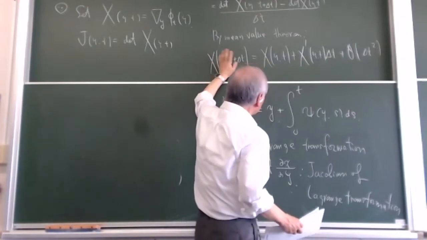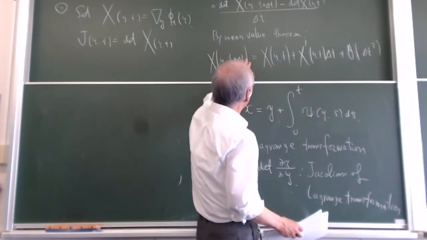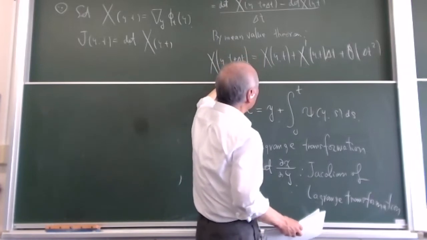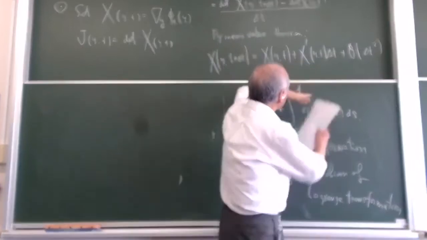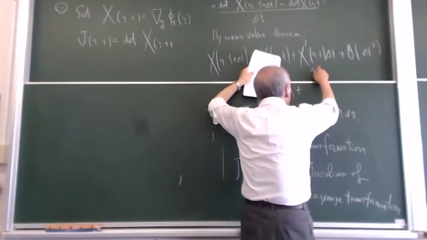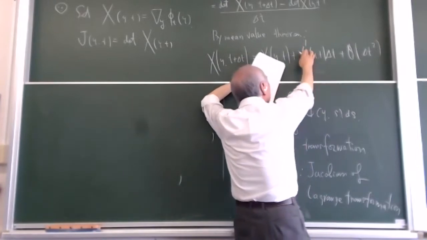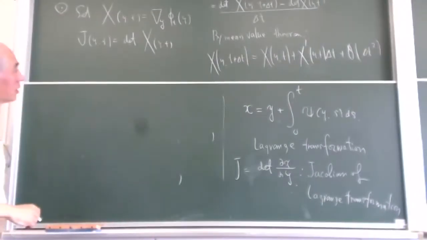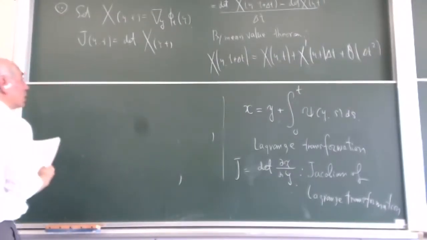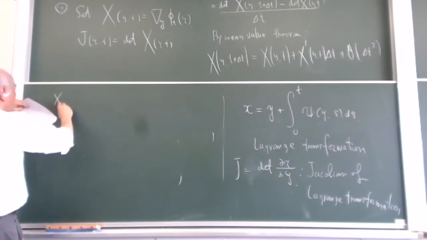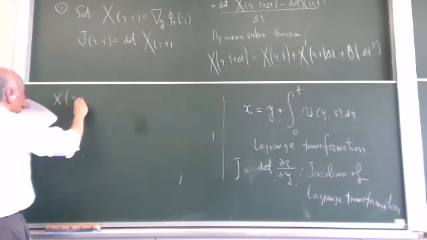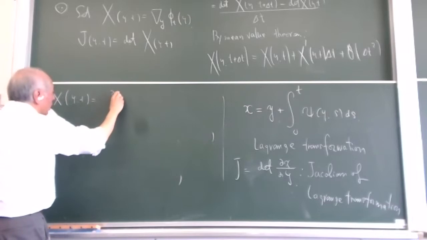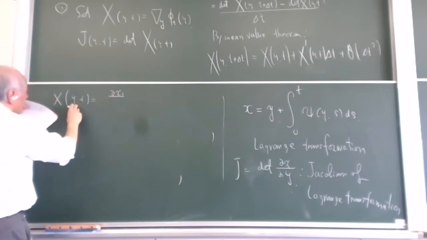Okay, now y is fixed. So we consider only the time t. Therefore, usually I should write d_t x, but you understand. Y is fixed. Therefore, under the y_t is dx_1 over dy.